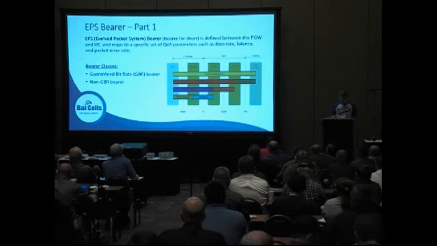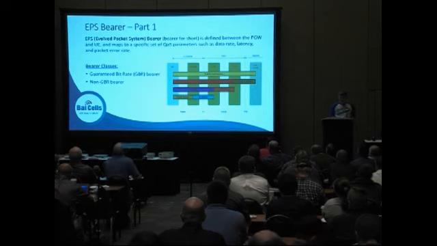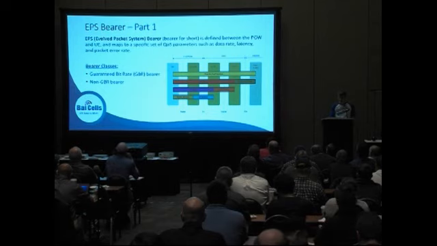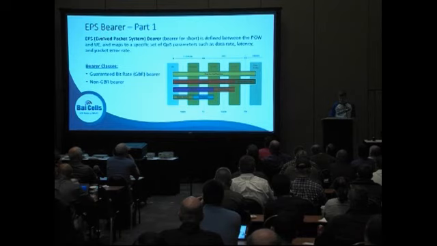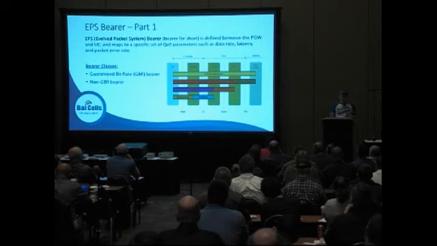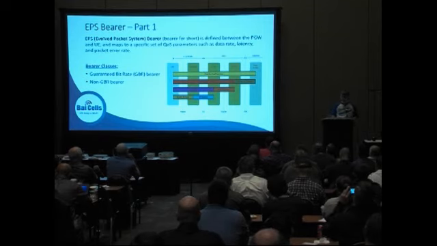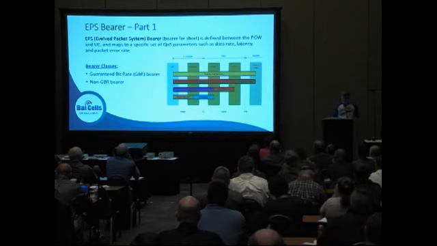There's the guaranteed bitrate bearer, for certain applications or certain business customers where you need to guarantee a certain service. And then there's the non-guaranteed bitrate one. There's always going to be a default bearer, and the default bearer will always be non-GBR. So for Baicells, there's going to be one bearer assigned that's default, and it's non-GBR. In the future, we plan to implement the ability to create more bearers for different types of services.